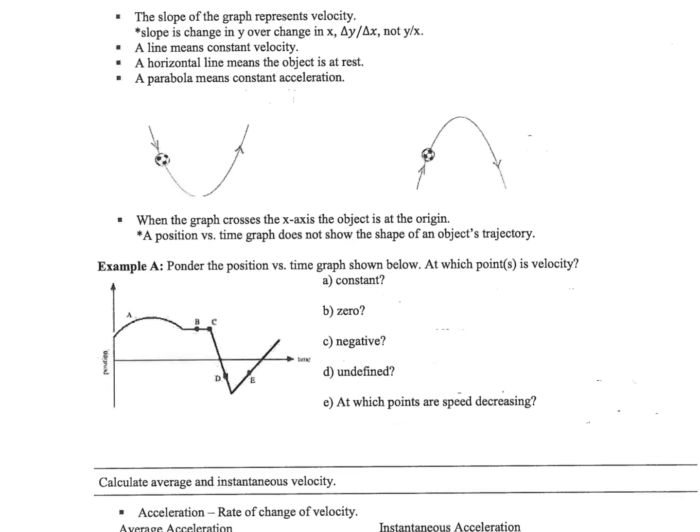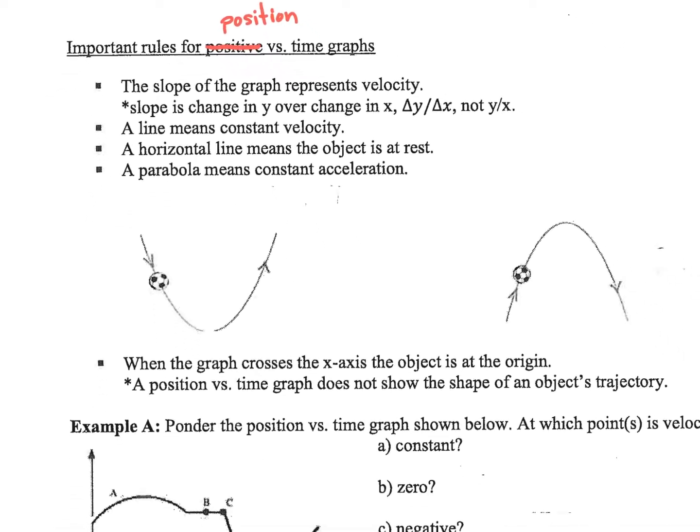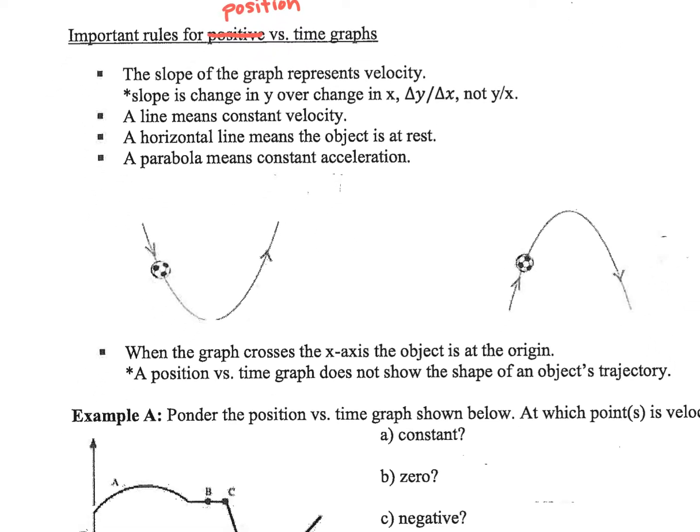All right? So, rules. These are important rules for position versus time graphs. Excuse me, I was tired. All right, so what do we know about a position time graph?